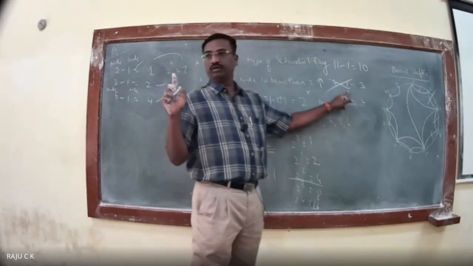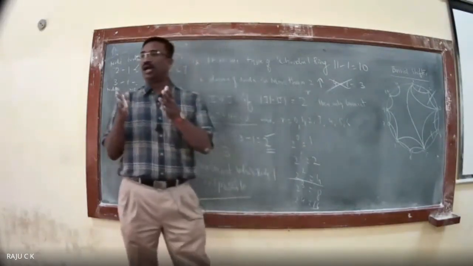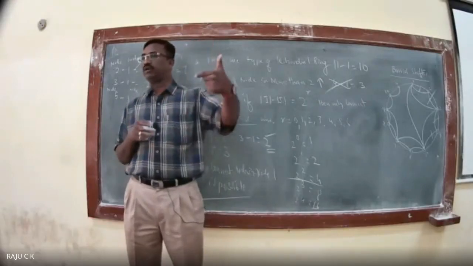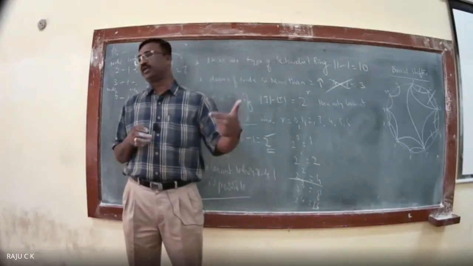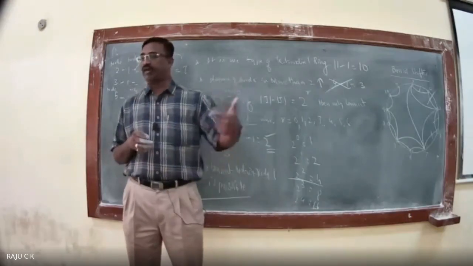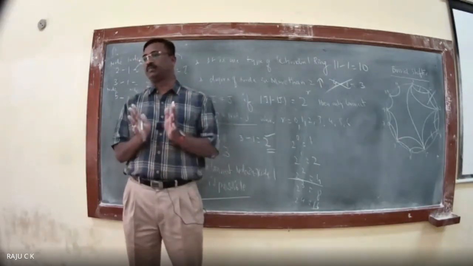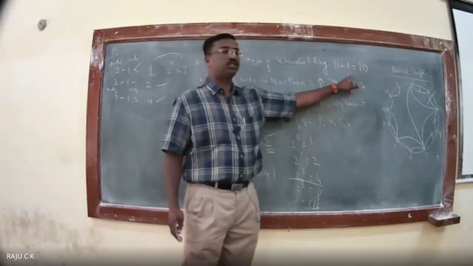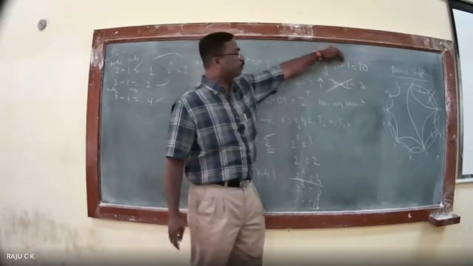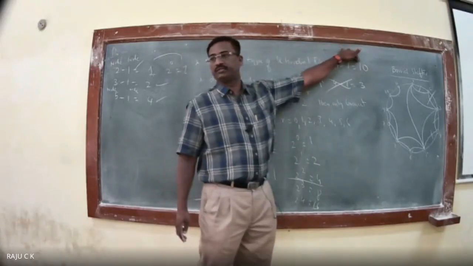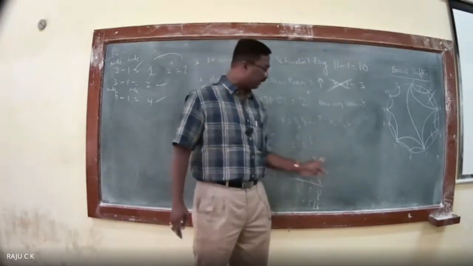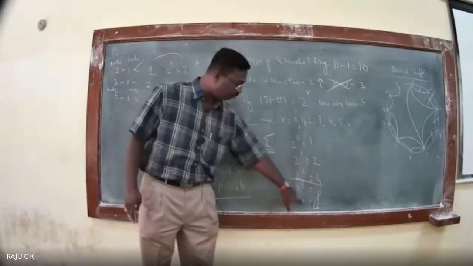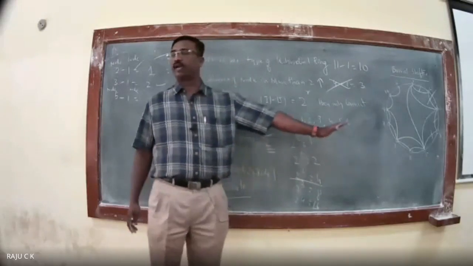Be careful. The difference should be either 0, or 2 to the power of 0, 2 to the power of 1, 2 to the power of 2, 2 to the power of 3, 2 to the power of 4, 2 to the power of 5, 2 to the power of 6, then it can be possible. Otherwise, don't join. 11 and 1 cannot be joined because 11 minus 1 is equal to 10, and 10 cannot be in this series. 2 to the power of 3 is equal to 8, 2 to the power of 4 is equal to 16, so 10 cannot be possible there.